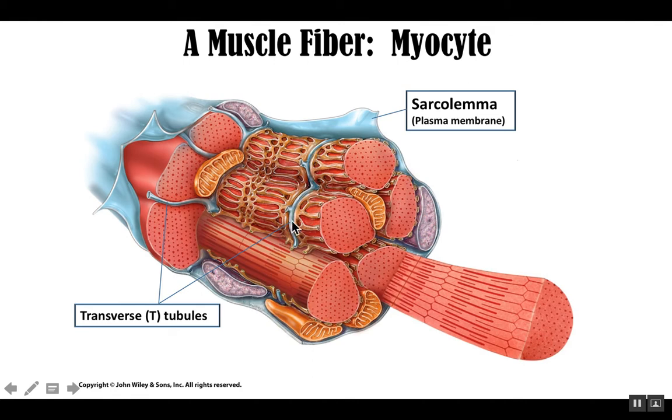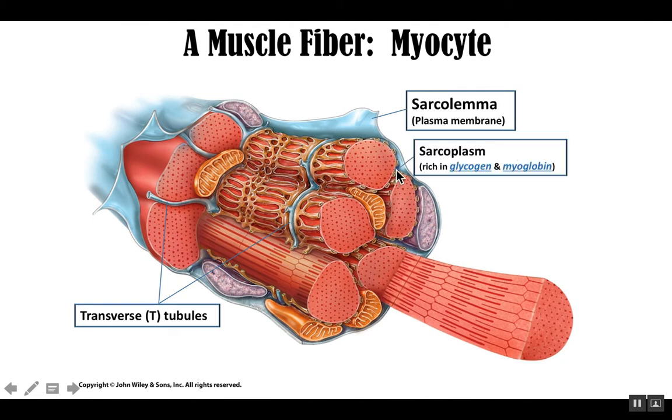And these are going to be important for us a little later on when we talk about how electrical current is going to be introduced and travel along the sarcolemma of the muscle cell. And in order to get that electrical current deep down into the muscle cell, there need to be these tube-like extensions of the plasma membrane.